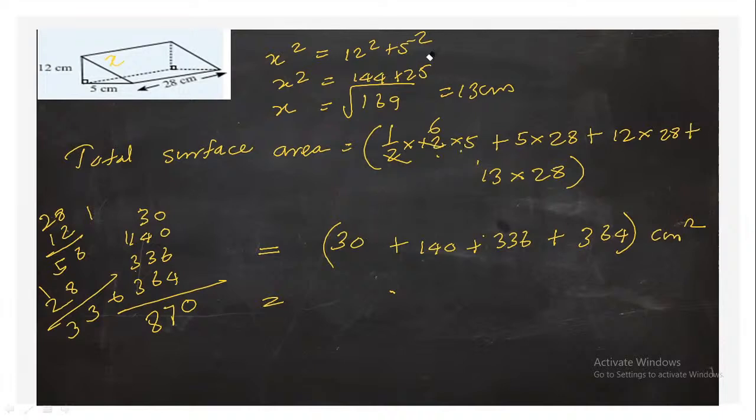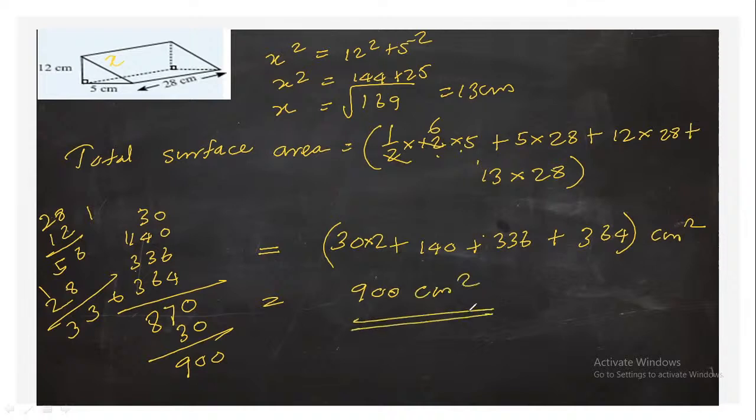It means 30 into 2, so I have to add another 30 to this. The answer is 900 square centimeter. In the earlier sum also I haven't added the surface of that. Right, this is okay.